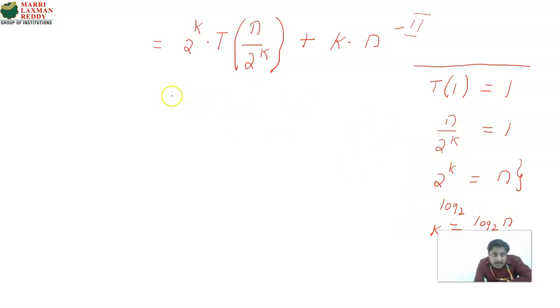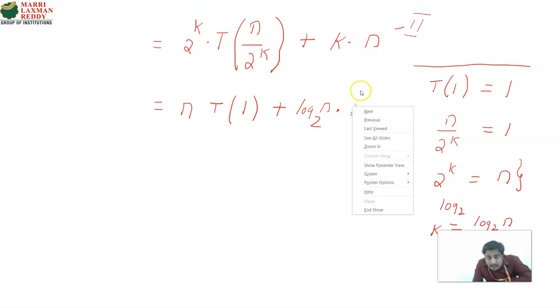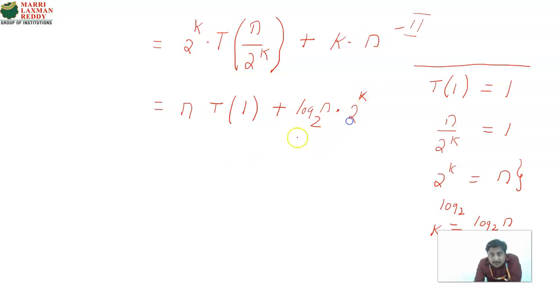Taking all this into consideration, the general pattern, equation 2, becomes: 2^k is n, and as we already took n/2^k as 1, so n into T(1) plus, k is log n to base 2, into n. Here n is replaced as 2^k.